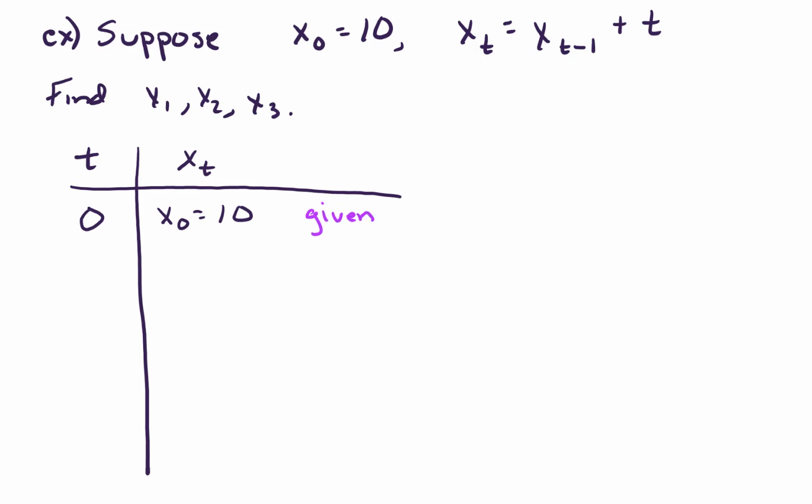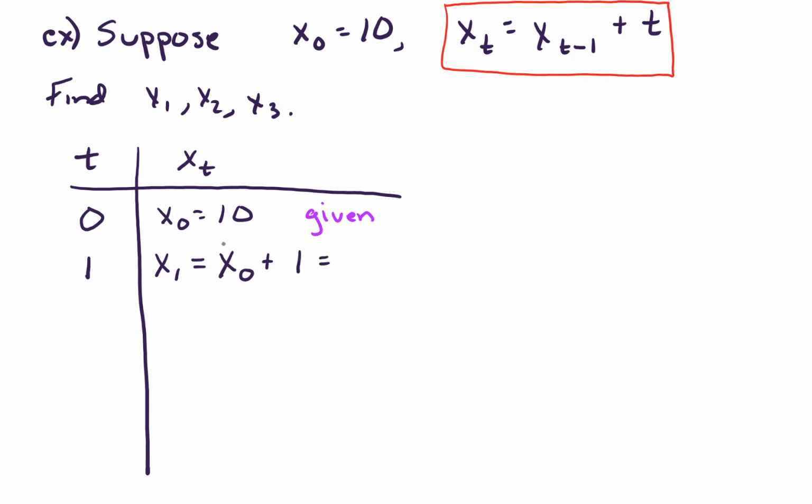Next, I want to know what's going on at time equals 1. Well, x sub 1 equals, let's use our formula. Our formula says that to find the state variable at time t, we take the previous value and add t. So I take x sub 0 plus t, in this case 1. x sub 0 is 10, plus 1, gives me 11.